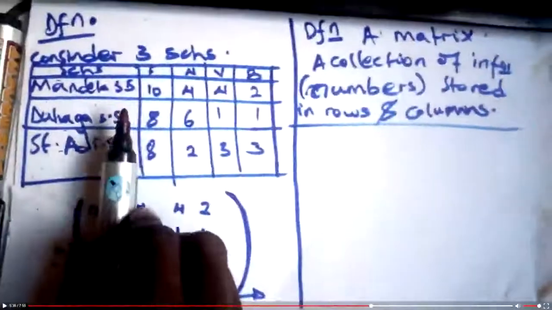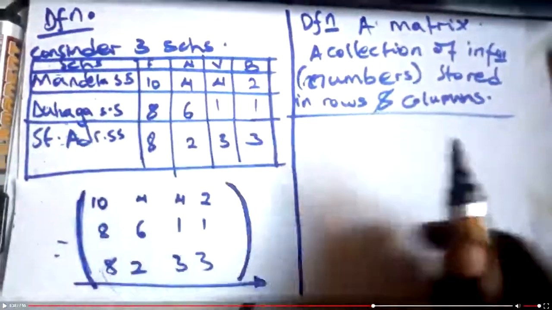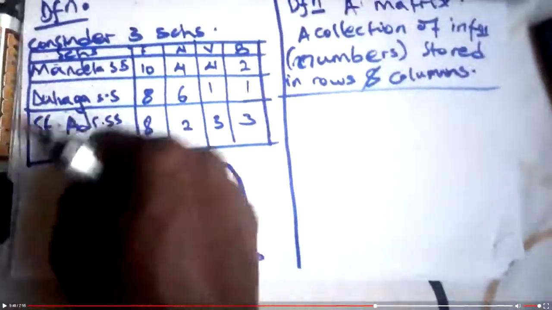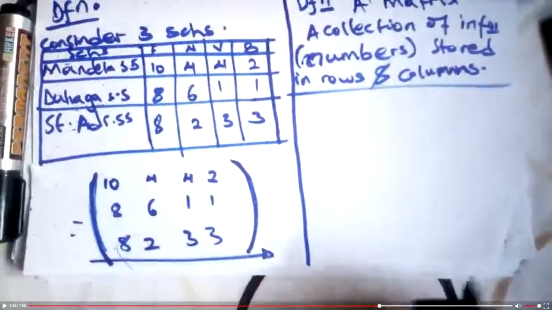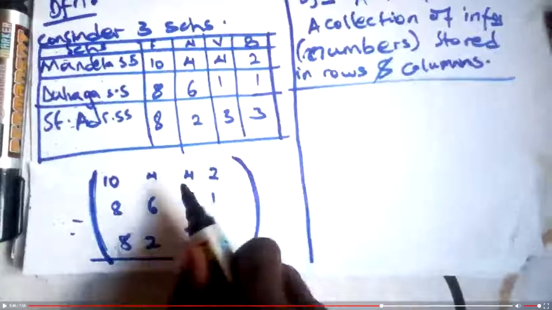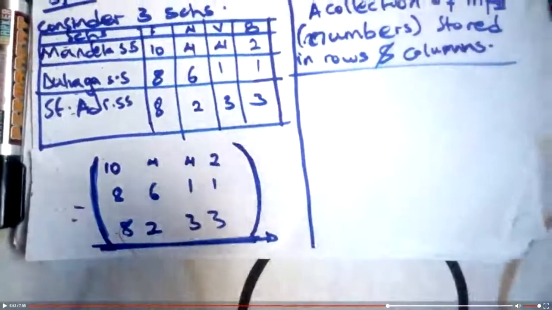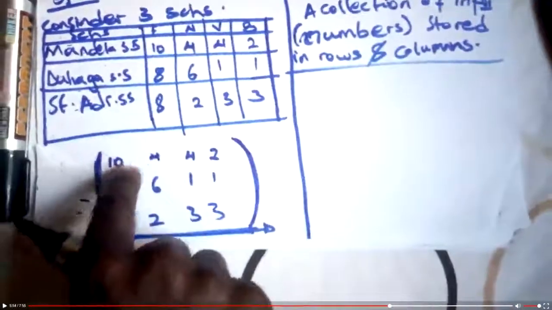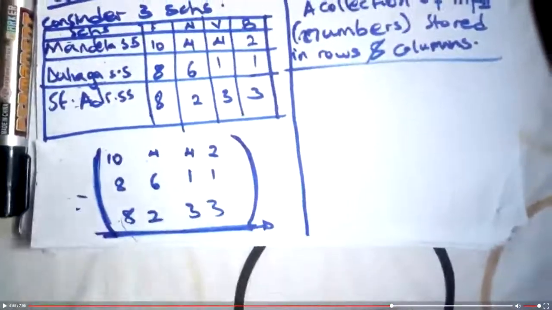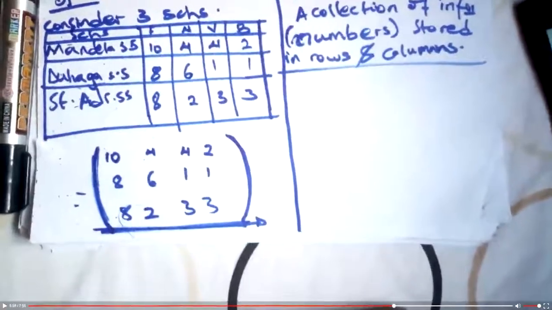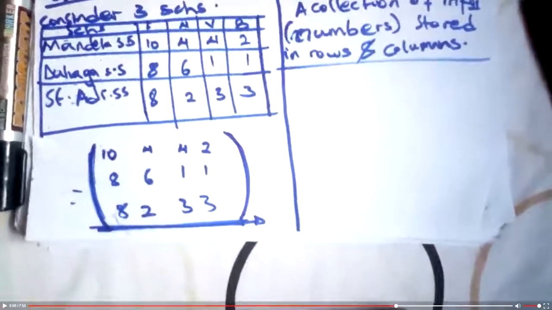So you can see this information here is in rows and columns, but now by adding larger brackets before and after, it gives me what I call a matrix. So whenever you find something written like this, then just know that that is a matrix. Whatever value you have inside there means something. It implies that a matrix can easily be defined.